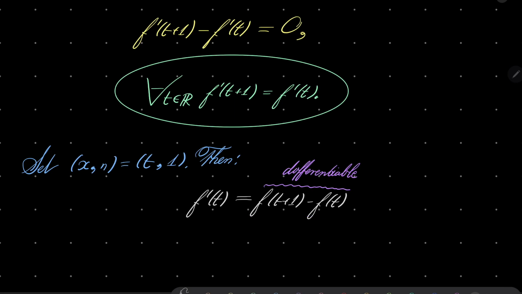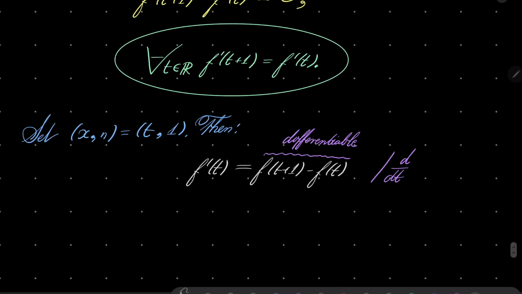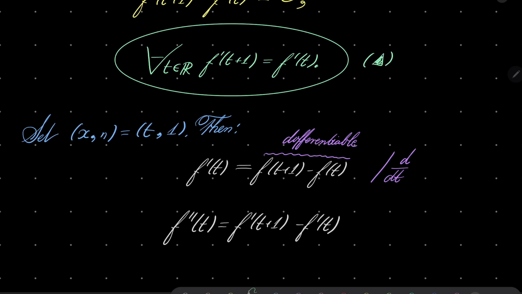So let's take this equality and differentiate it on both sides. We have f double prime of t equals f prime of t plus 1 minus f prime of t. Alright, but now we will use this condition, which I will mark triangle. Notice that f prime of t plus 1 minus f prime of t is 0 by condition triangle.